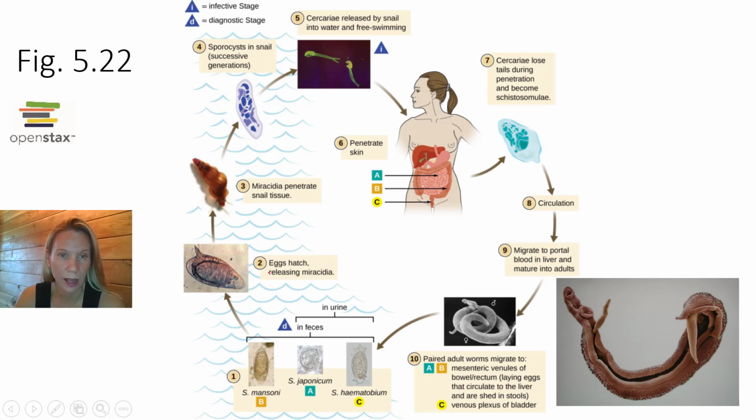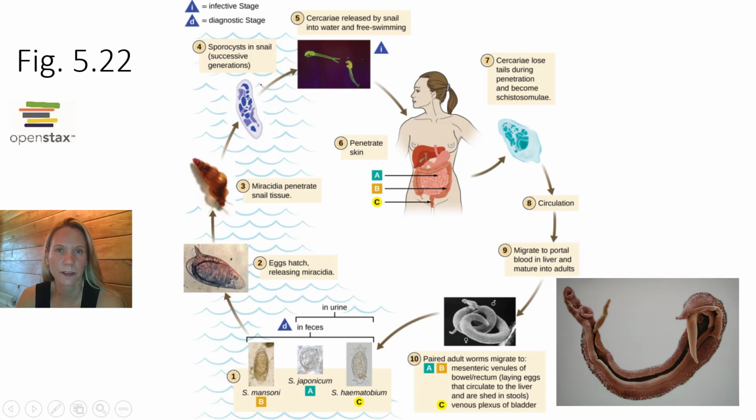The eggs will hatch into this form of the larva, called the Miracidia larva. And the Miracidia larva must invade a freshwater snail. That is a requirement. So it doesn't directly pass human to human. You notice that? It needs this intermediate host.